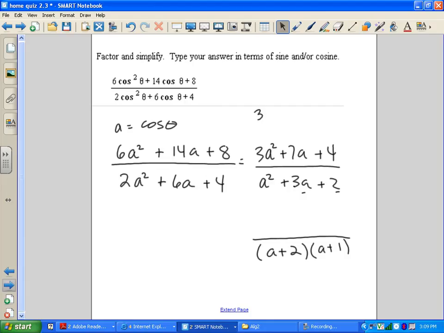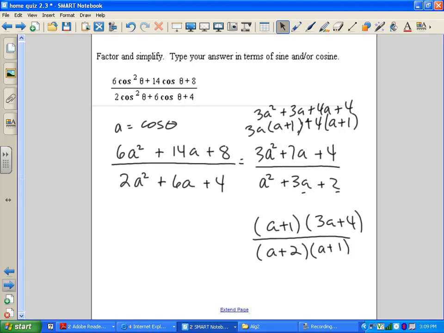So I'd get 3a squared plus 3a plus 4a plus 4. We could group them here. So we get 3a times a plus 1, and factor out a positive 4, that would be a plus 1 also. So we have a plus 1 times 3a plus 4.